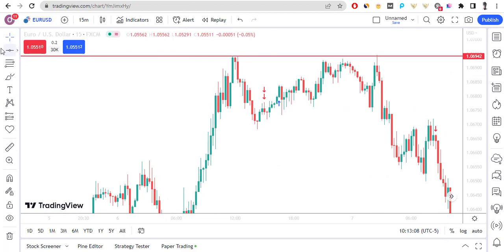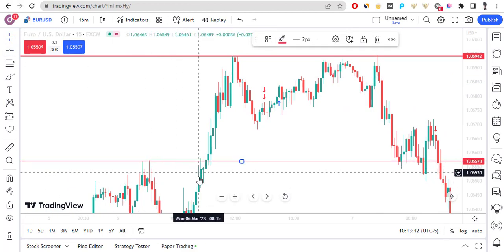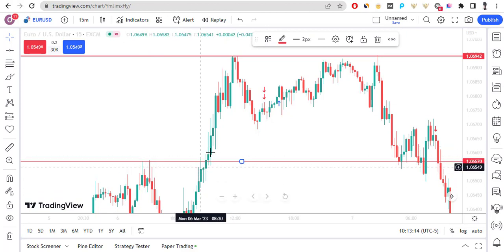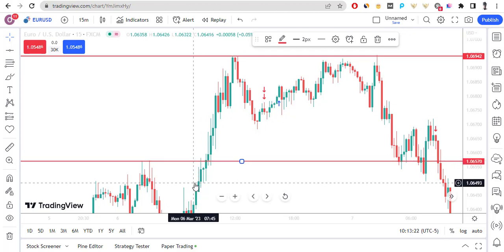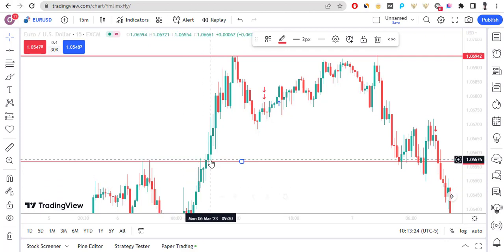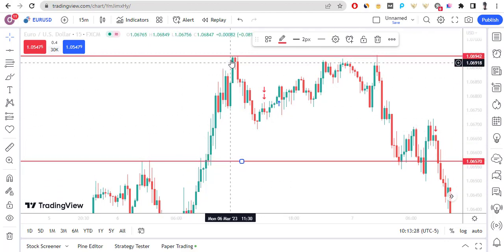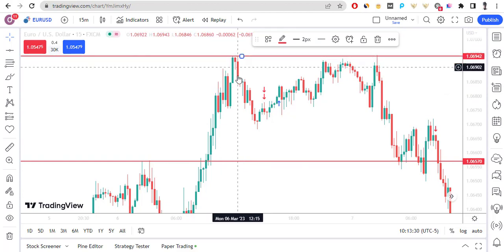For example, we have this resistance right here. When price reached it, it broke it. Okay, it violated it. So it will continue to go up until it hits the next support or resistance. You see it, and it bounces back.